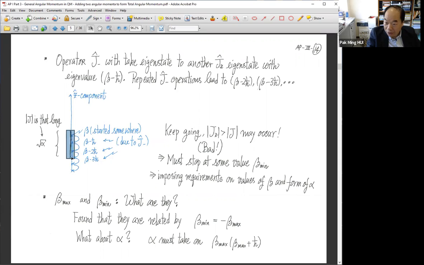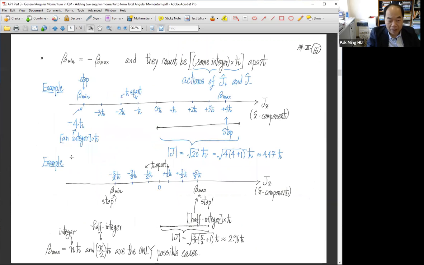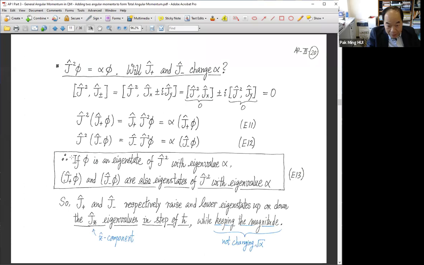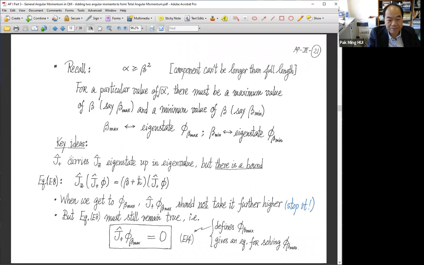So we must stop it. We have also seen that no matter what J plus J minus do, the magnitude of the vector is not changed. Okay, so that is what we have now. So let me go back to the formulas.